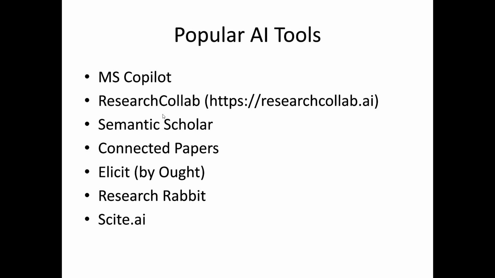Okay, I'm going to talk about the first two. And there are others like Semantic Scholar, Connected Papers, Elicit, Research Rabbit, Site.ai, and so forth. Okay, and by the way, this set of sites was generated by MS Copilot, and I modified it a bit.